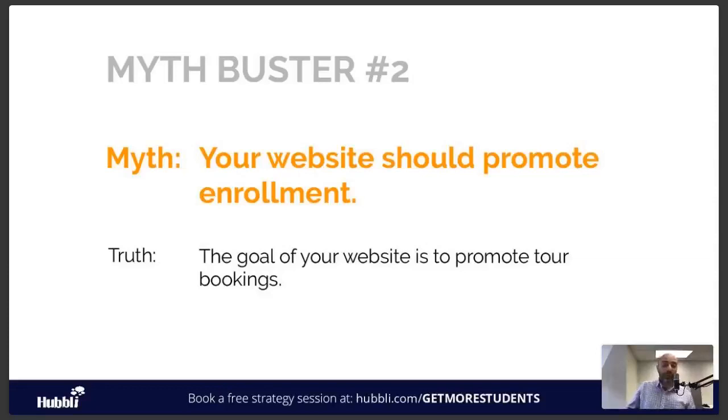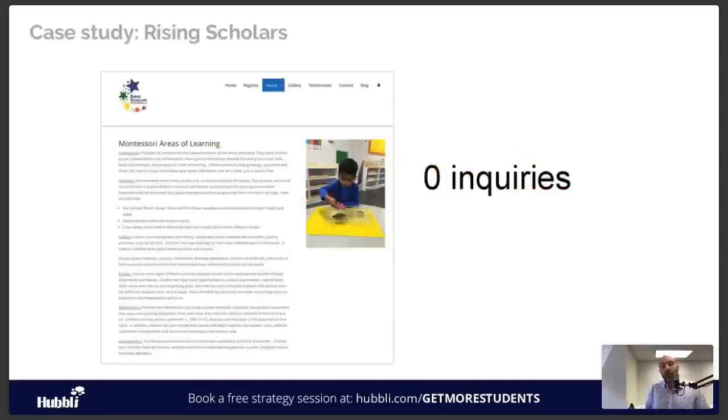Okay, so I'm going to show you a case study here. This is a case study from one of our customers, Rising Scholar Montessori. Before they were working with us, they were not getting any inquiries from their website. Their main website had many long paragraphs about Montessori education, just general information.